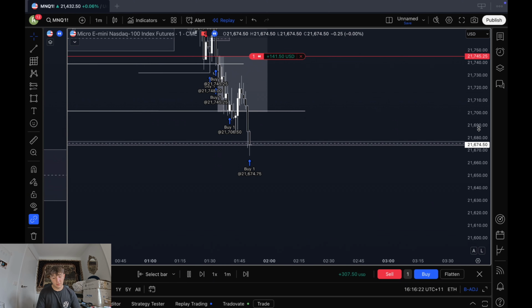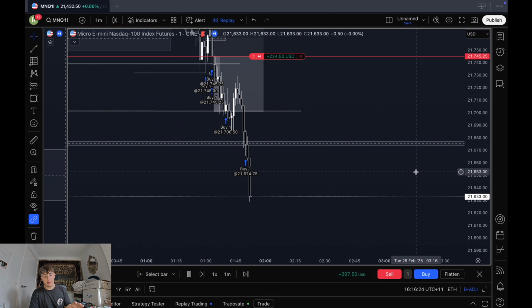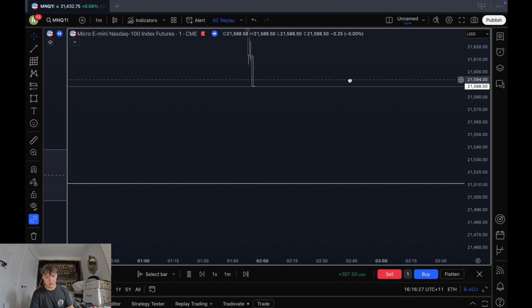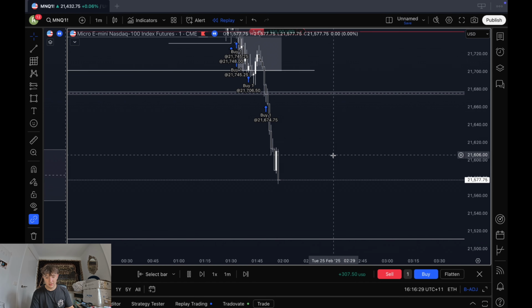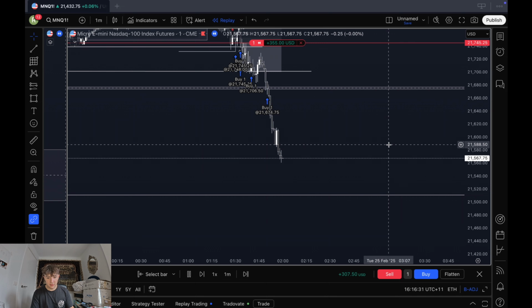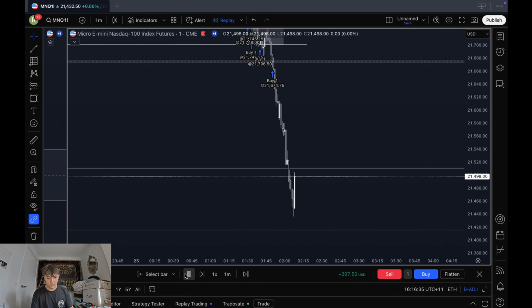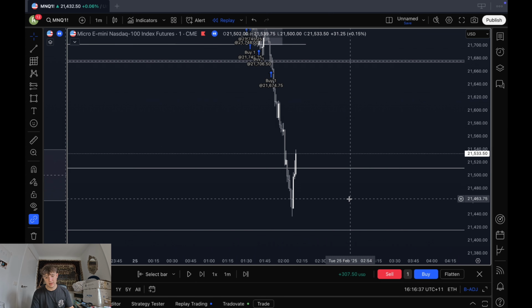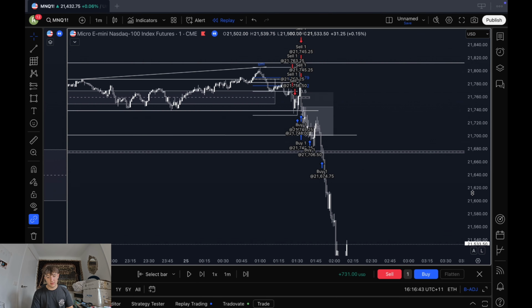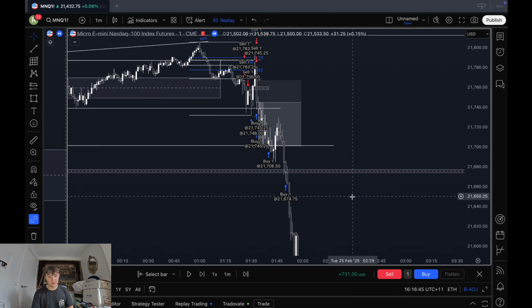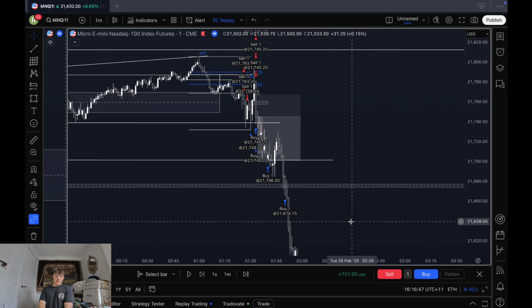And then if you really want to, I would most likely be all out here. But we can see we've got sell side liquidity levels all the way down here, which do get absolutely ran to. We come all the way down here. So at this point, you know, if you've left a runner, you'd probably take one there. And there you go. That is the next model for the day, in my opinion.